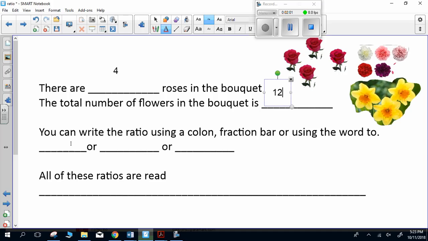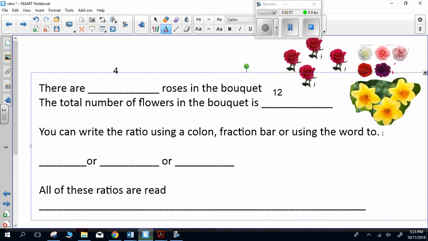So you can write a ratio with a colon, a fraction bar, or the word 2. So a colon would be 4, 2, 12. A fraction bar would be 4, 2, 12.